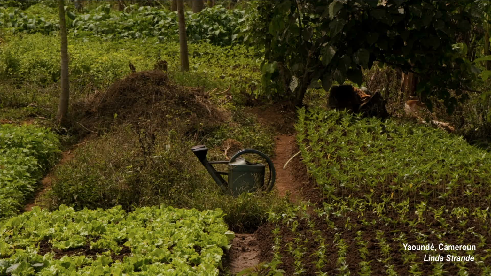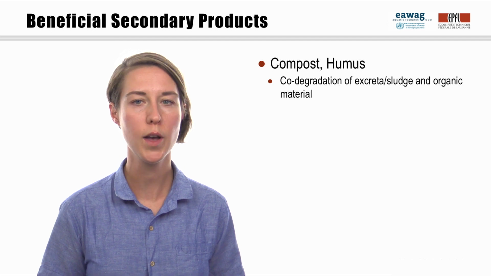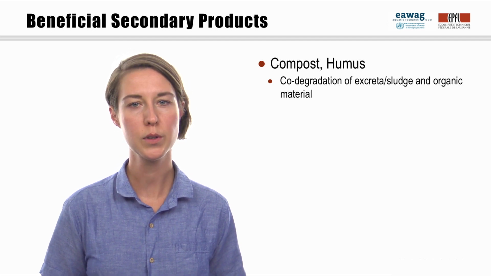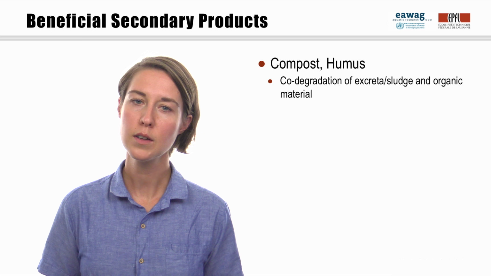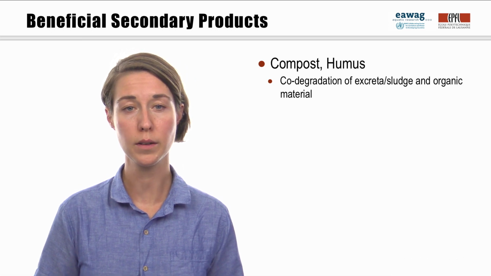Most of the products that we've discussed so far are materials that are pathogenic or harmful to the environment in some way, but the products we're going to talk about here are ones that can be produced by a sanitation system and are actually beneficial. Compost, or humus, can be created with the dried fecal sludge we saw in the earlier slide, simply by processing it with some sort of organic material, like market waste.